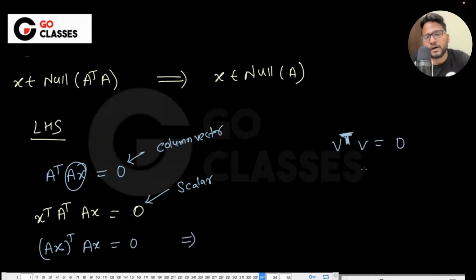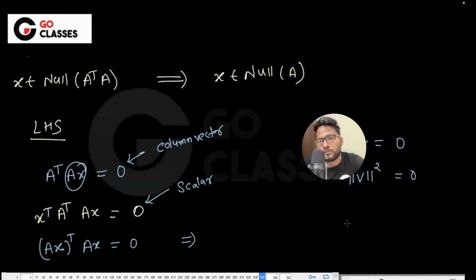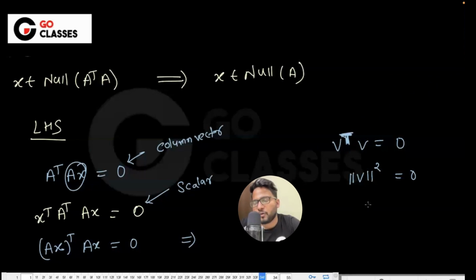So basically, you can say this is the norm of V squared equal to 0. And from here, if the norm of V squared is equal to 0, it means the norm of V equals 0, and it means that V must be 0.